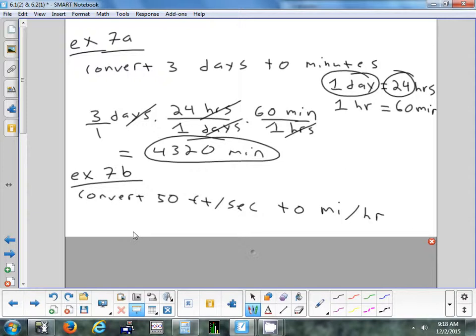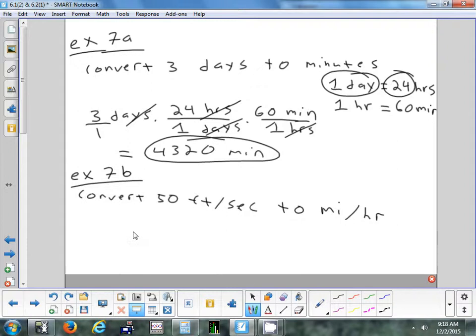Okay, that's our speed. 50 feet per second. So now when we write this one out, we're traveling 50 feet in 1 second. There was no unit to this number in the bottom when we had the 1 with the days. It was just 3 days, not 3 days per week or 3 days per year. That was it.